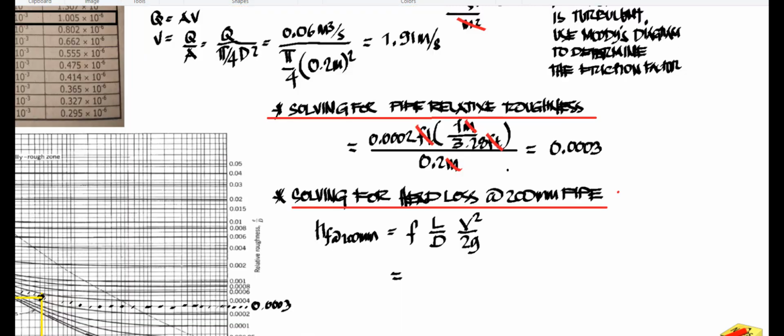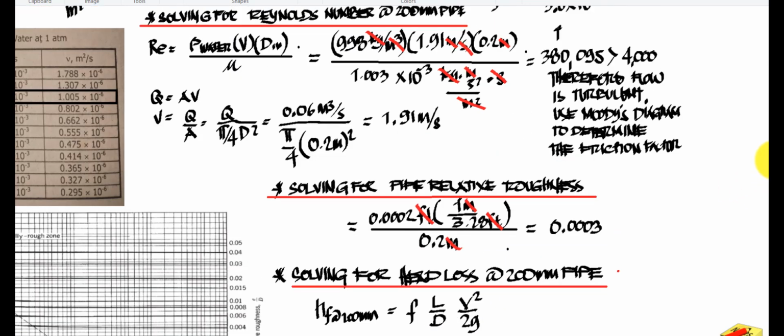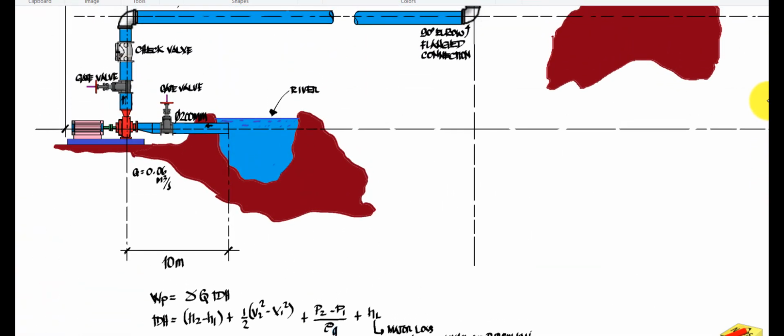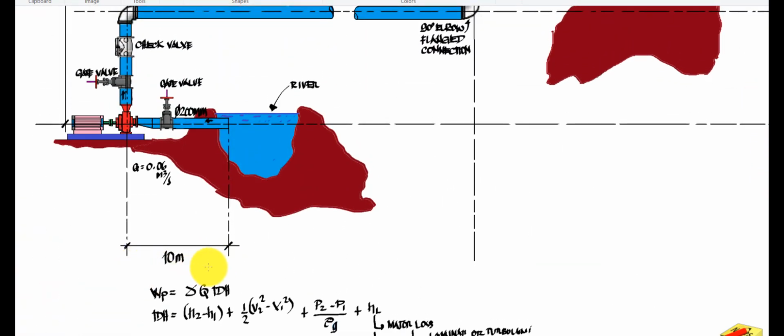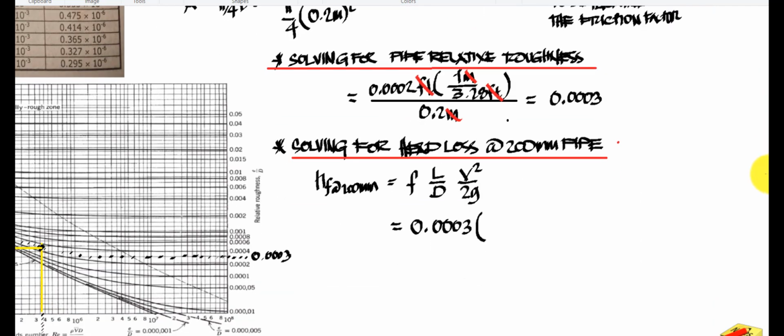Substituting, we have F, then we multiply by the length, which is 10 meters.